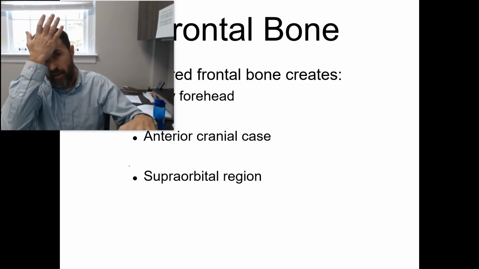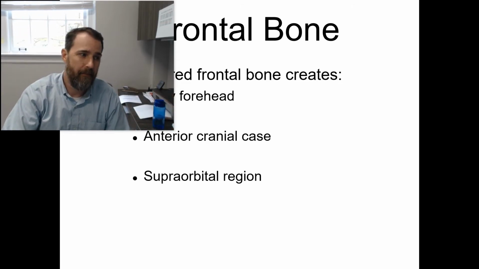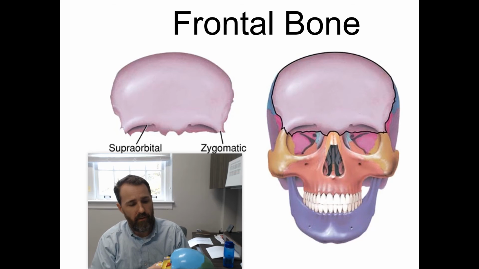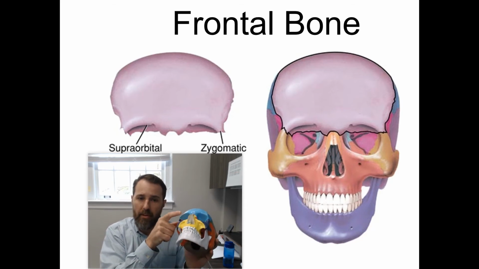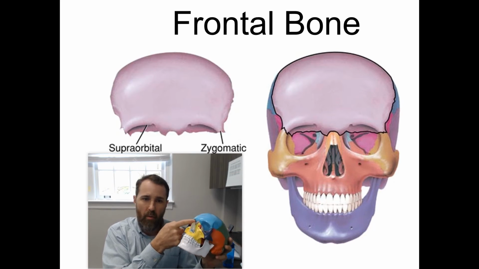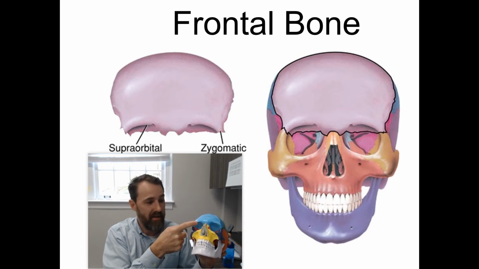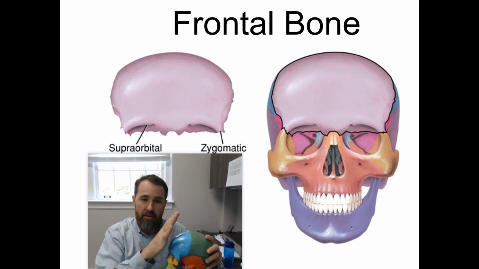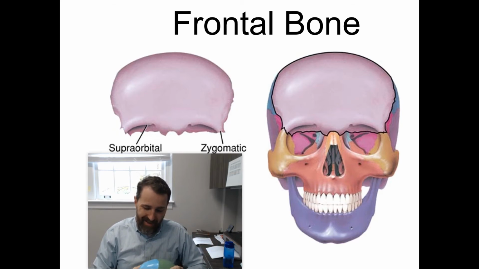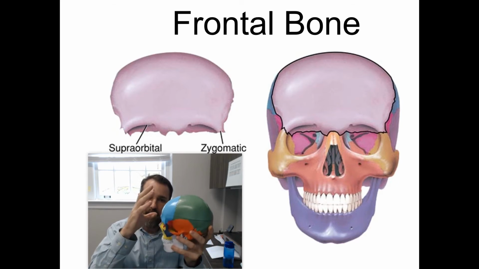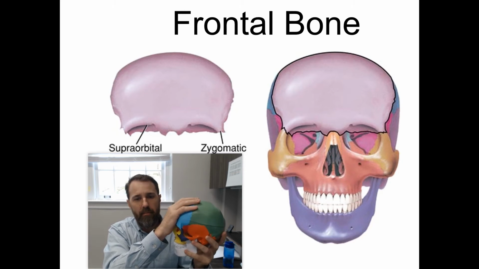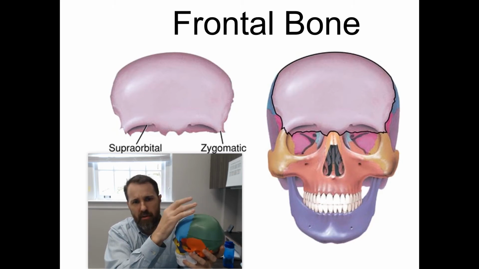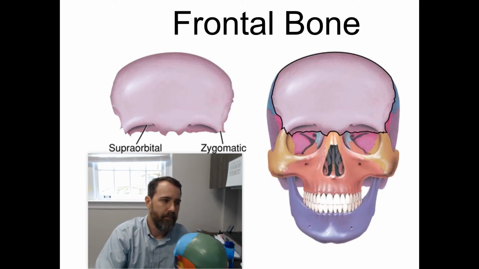This is the bone that is your forehead. The frontal bone forms the superior portion of your orbital cavities, meaning your eye sockets. It's your forehead, and it's the anterior part of your cranium, which is that part of your skull that houses your brain.